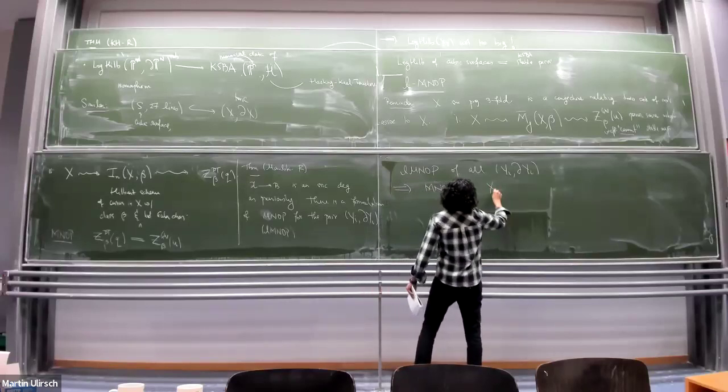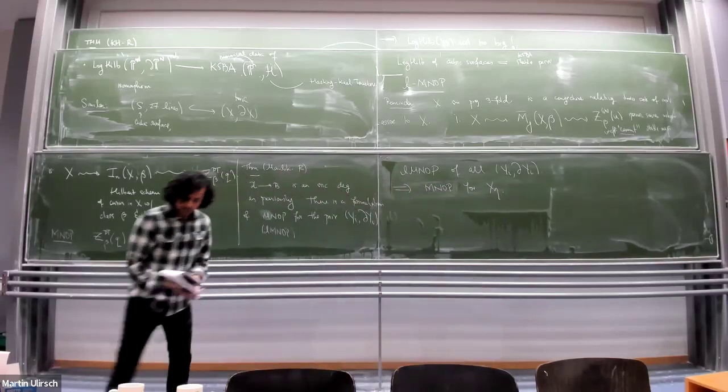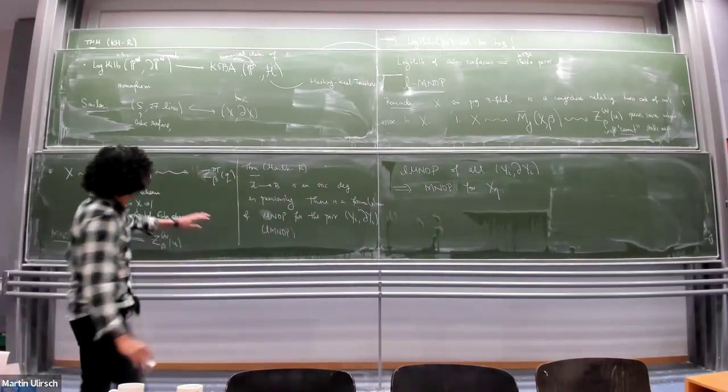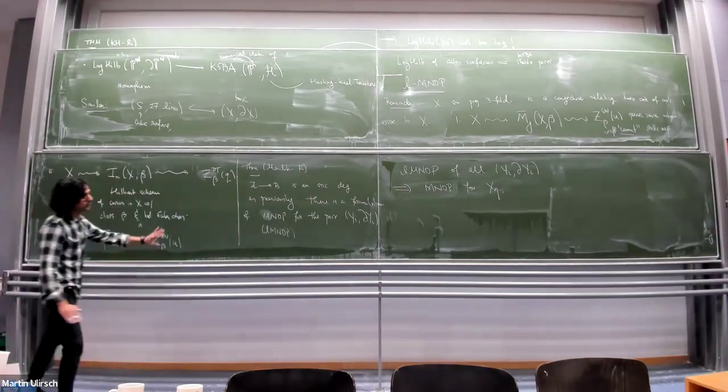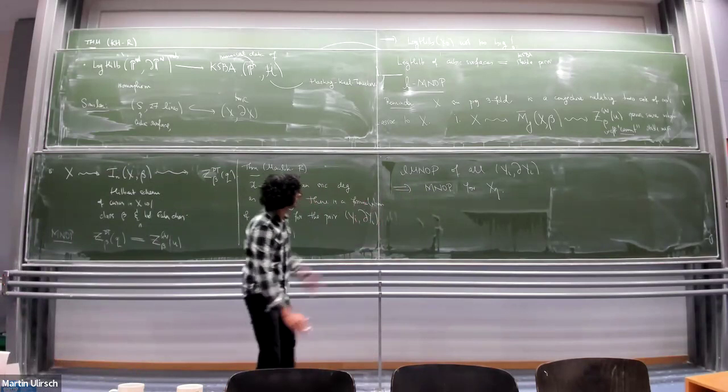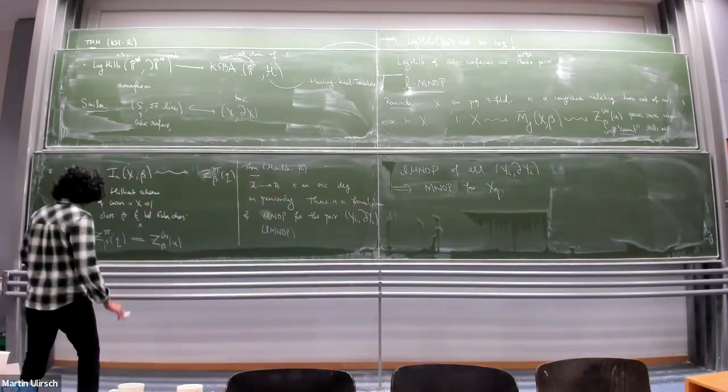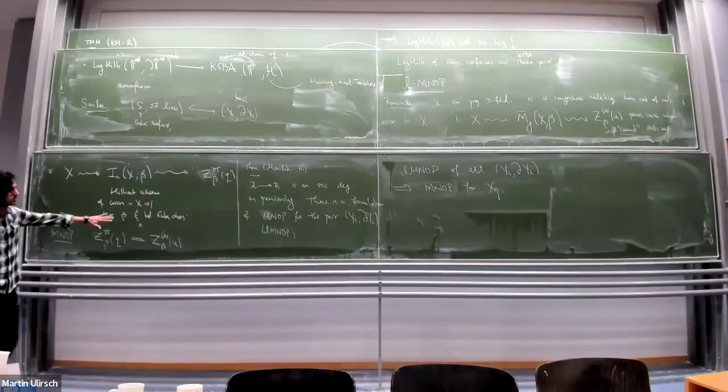So it's important to note that this is with all the bells and whistles, with descendants and primitive cohomology and all of that. So this is really a completely general statement.